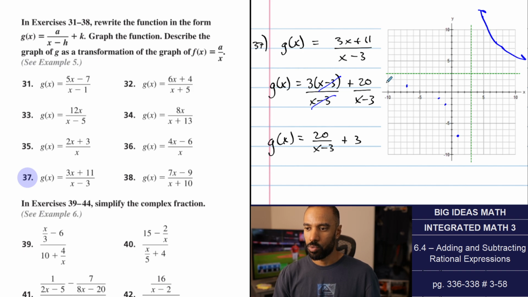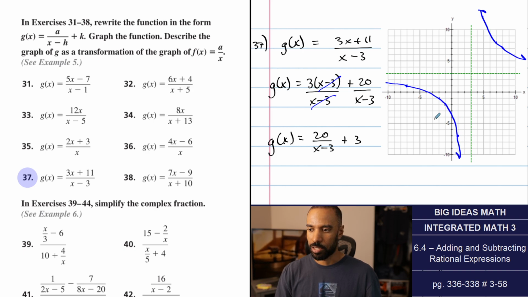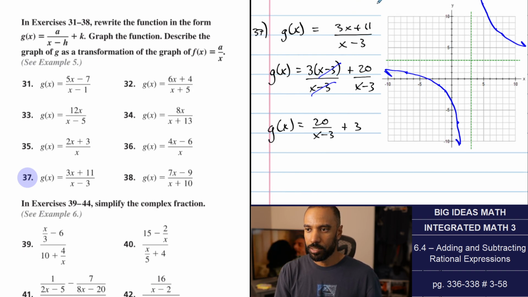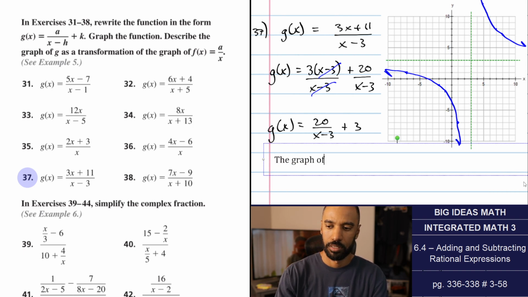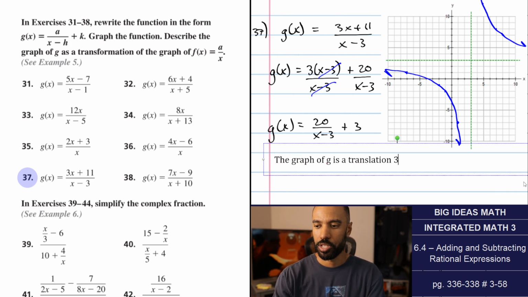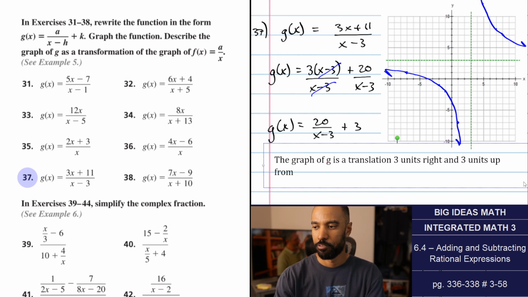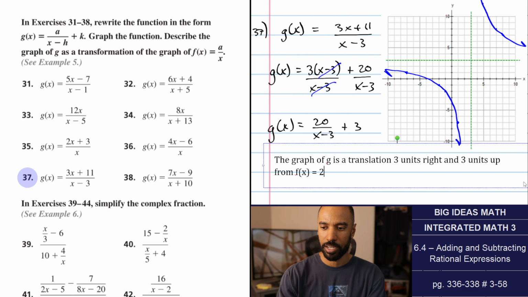Okay, so we got those points. And 20 over would be 1 down, which we didn't quite fit. So graph works. I'll take it. Okay. The graph of g is a translation 3 units right and 3 units up from f of x equals 20 over x.